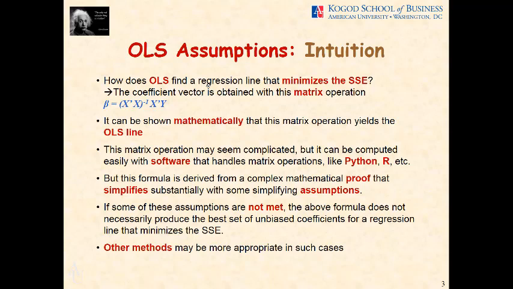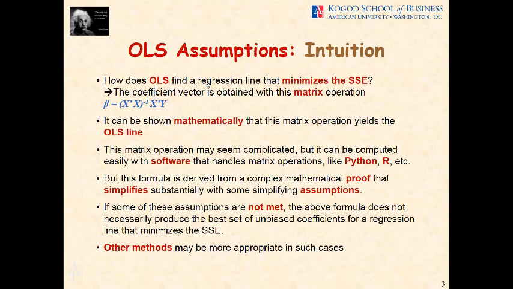We start by looking at what is OLS. OLS is a method that helps us fit a regression line, and it uses that formula that you see on the screen. That formula is a matrix formula, so the coefficient vector is computed as the matrix of predictors transposed, multiplied by the matrix of predictors, and then inversed, multiplied by the predictors transposed, multiplied by the response vector y.